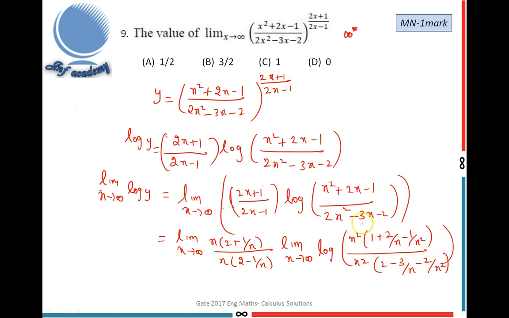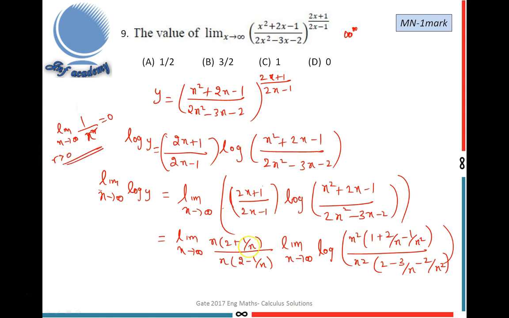Here I use one result: limit x tends to infinity of 1 by x power r equals 0 if r is greater than 0.